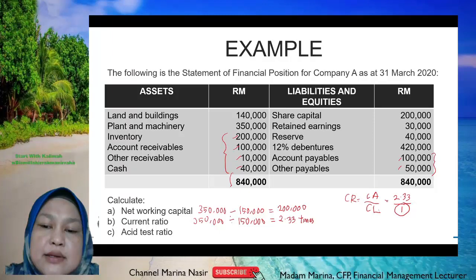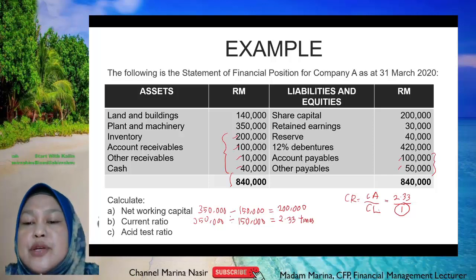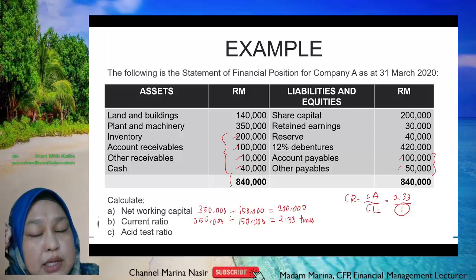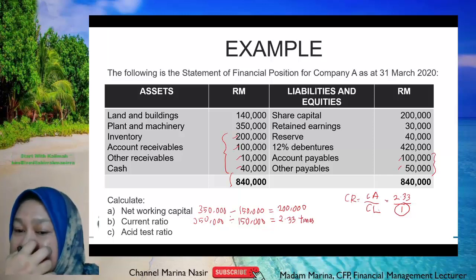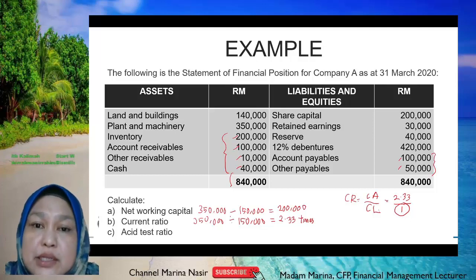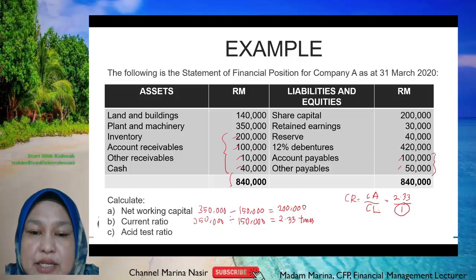Or in other words, Company A has 2 ringgit 33 sen current asset to settle each ringgit of its current liabilities. Company A ni dia ada RM2.33 current asset untuk settle setiap RM1 dia punya current liabilities. Tu maksud dia. Okay, that's for current ratio.